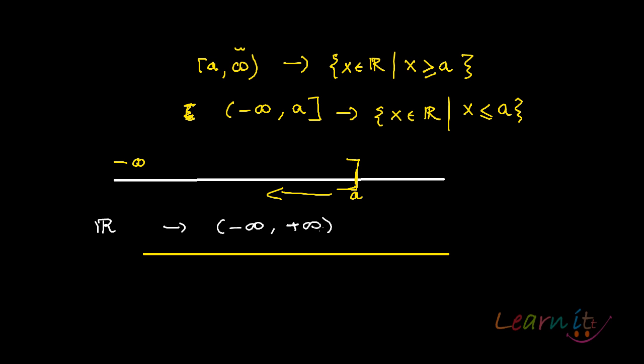R is something which is called both closed and open, and there is a particular reason behind it which we will discuss later in our course. A real line is an open interval minus infinity to plus infinity because minus and plus infinity do not belong to R. But still, I am quoting that R is called both closed and open, and there is a particular reason behind it which we will discuss later.